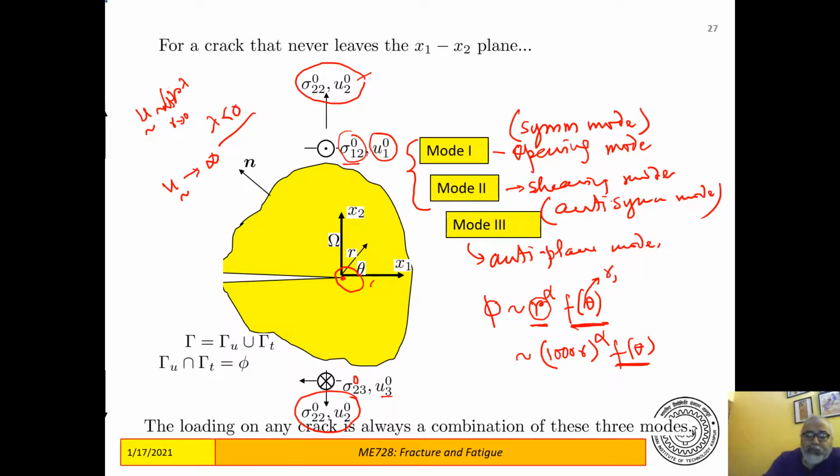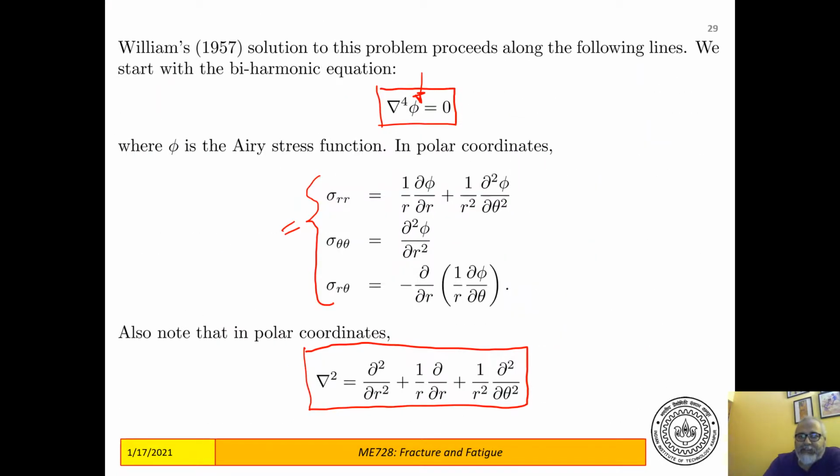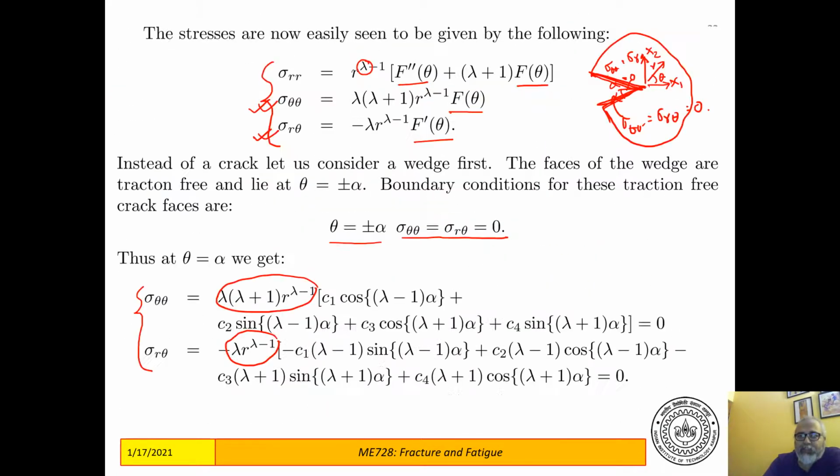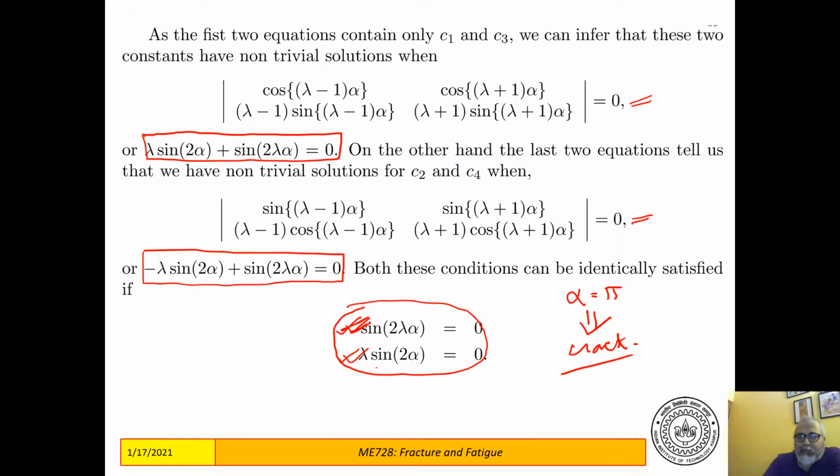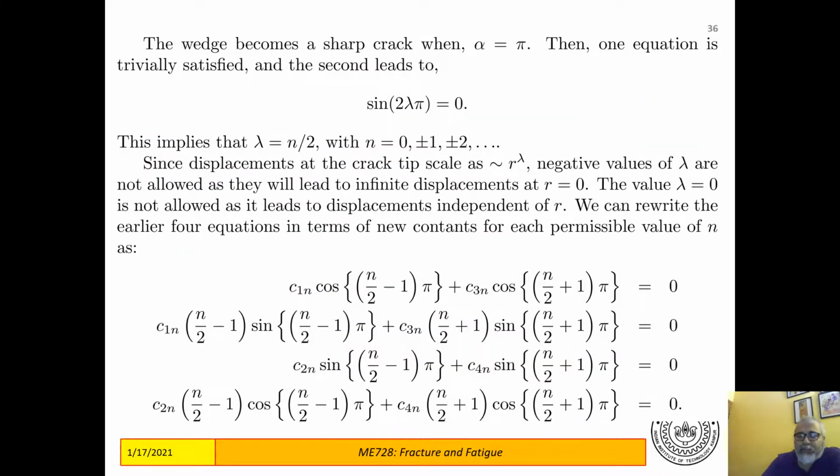So we come to the conclusion that among these possible values of lambda, the ones with negative n are not possible because they would lead to infinite displacements.